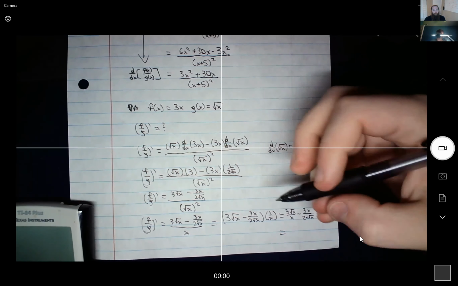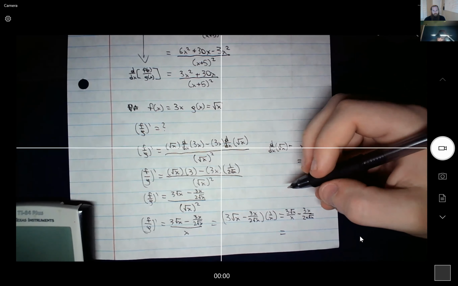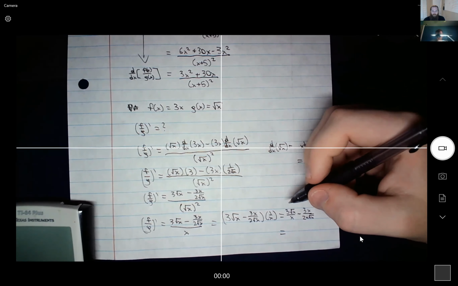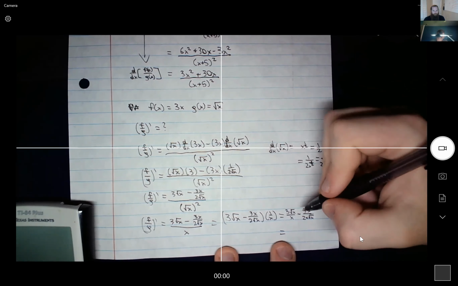So the 3 root x over x, you could combine the root x and the x. That's 3 over the square root of x. And then in the second term, you can cancel the x's.